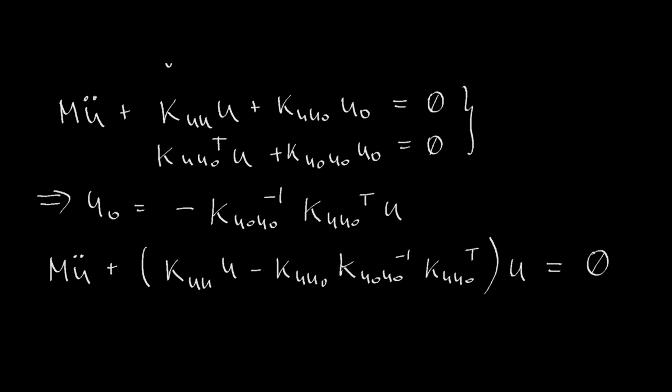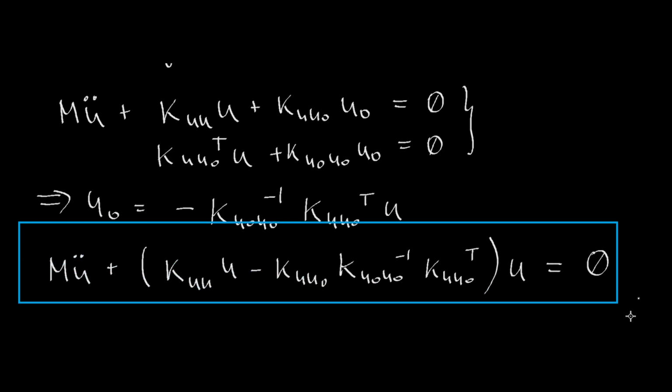That is very important. I will also use a blue rectangle here to emphasize this important result. What we have done here is break this equation of motion, eliminating all of those coordinates with no mass associated to it. In other words, the coordinate u0 doesn't appear in this equation.